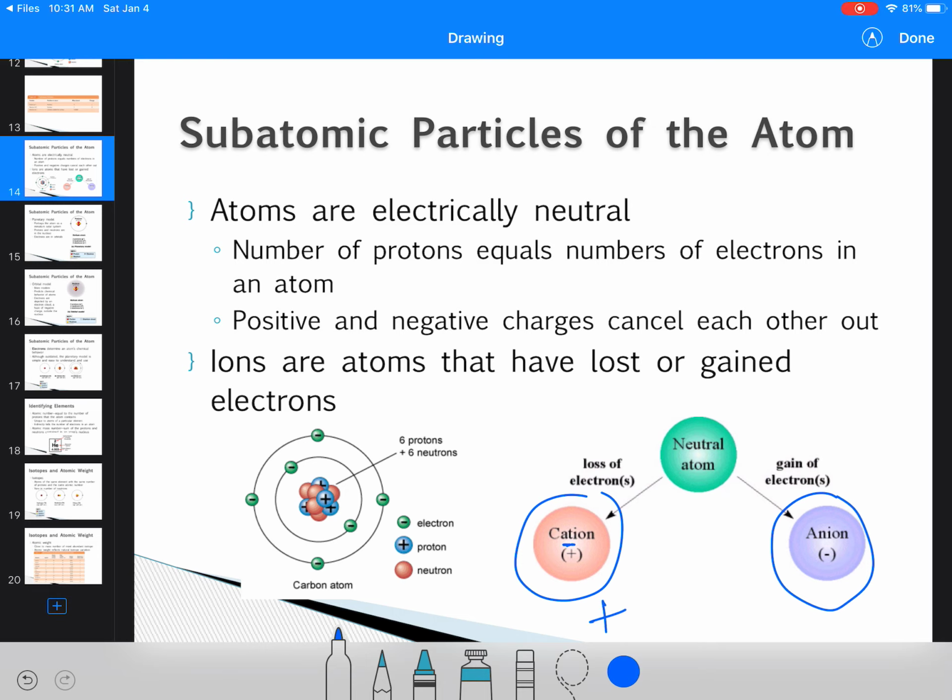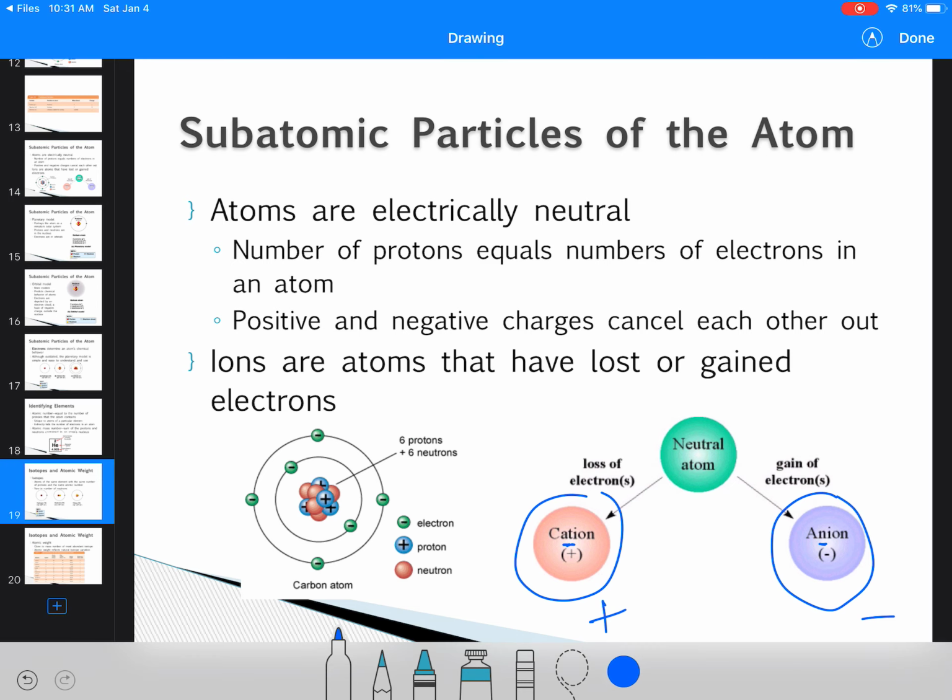T looks like a plus symbol, so cations are positively charged. Anions have that N, which lets me know that it's negative, right? So anions are negatively charged ions, okay? So an ion is a charged atom. It is an atom that has lost or gained electrons, and therefore it has changed in its charge. It's become either a positively charged or a negatively charged atom, all right? So that's what an ion is.